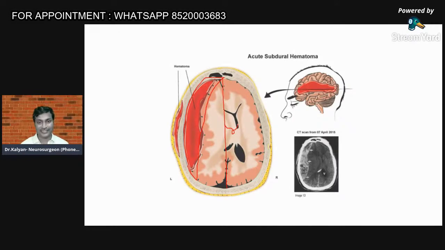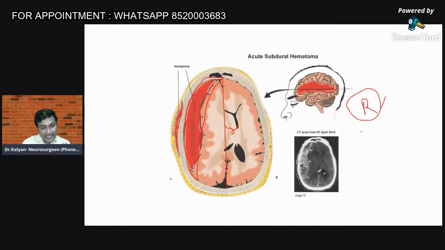So the next 4 or 5 will be questions which you have to answer. I will put up scans. So what will be your entire diagnosis? I want you to type the entire diagnosis. So if this picture I have to describe, I will say this is right-sided. The bleed is white in color. Anything which is white in color is an acute bleed.